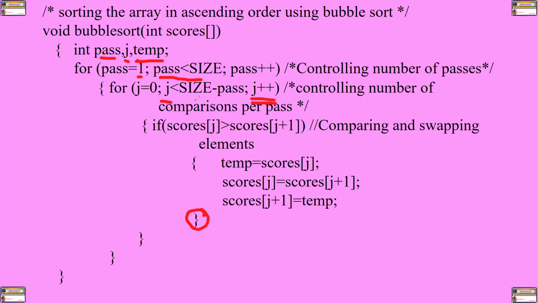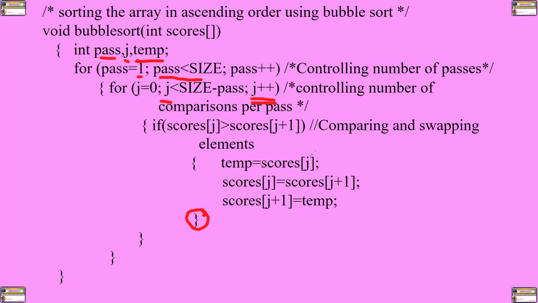If yes, compare now what is in scores subscript 1, that is second, with 1 plus 1, that is third. So compare what is in scores subscript 1 and scores subscript 2. If what is in scores subscript 1 is bigger than what is in scores subscript 2, perform this activity.